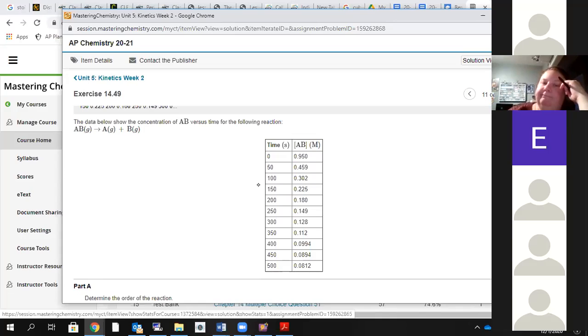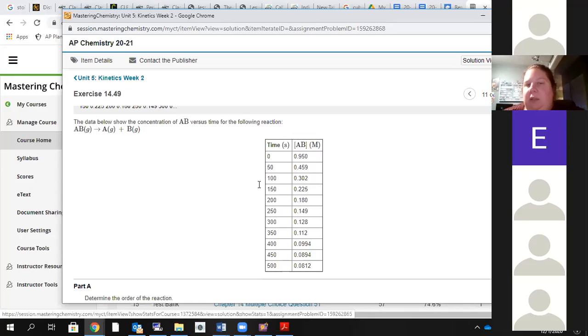Can we do the thing where it was like if the half-life, can we do it based on that? Oh, let's find out. I don't know if they gave us enough data to get that deep. So 0.95, half of that would be 0.475.